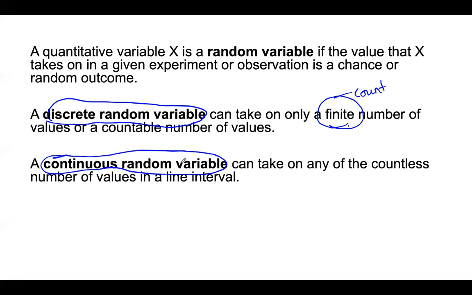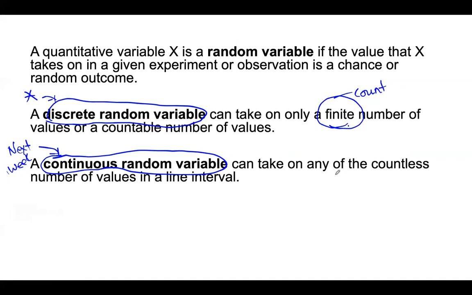So there's a difference, and we'll be talking about this in week number 7, or next week. That's right, next week. Next week, we'll be talking about continuous random variables, but here we're talking about discrete variables.